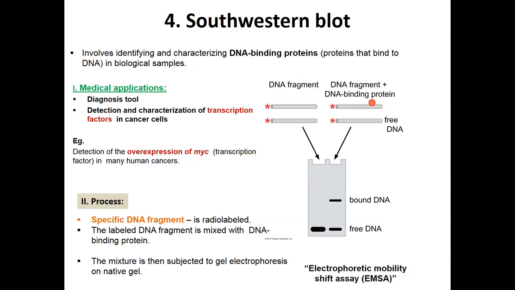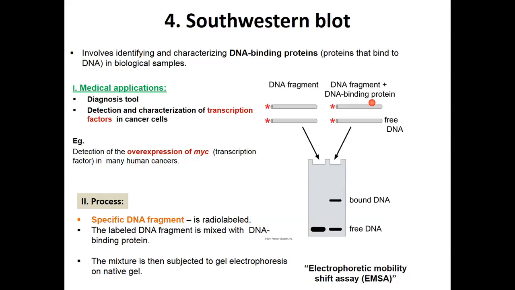Okay. Now, if you have medium expression of MYC, some of the probe will be held back. Now, if you have overexpression of MYC, for instance, what's going to happen? All your probe will be held back. And you can add more probe and see that you have more binding. So all those probes will be held back. Okay. Which means MYC is there and is overexpressed. Of course, this is not enough. You have more tests you have to do.